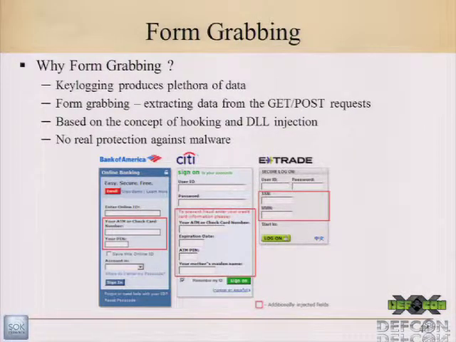This shot I have taken from the internet, but it was a pretty good explanation of form grabbing as well as web injects. With web injects, you can inject an illegitimate input box somewhere, which asks you for your PIN number, your ATM number, and things like that. And when you submit that information, the bot inside the infected system hooks it and sends it back to the command and control server.